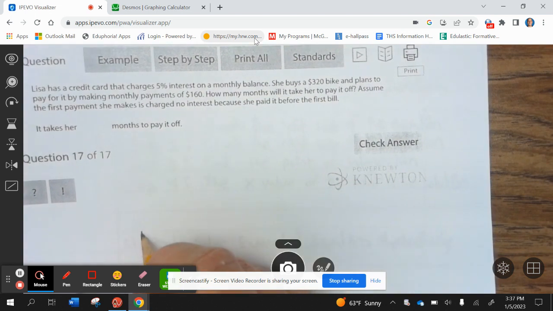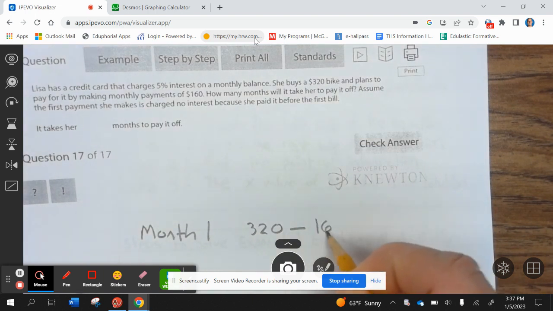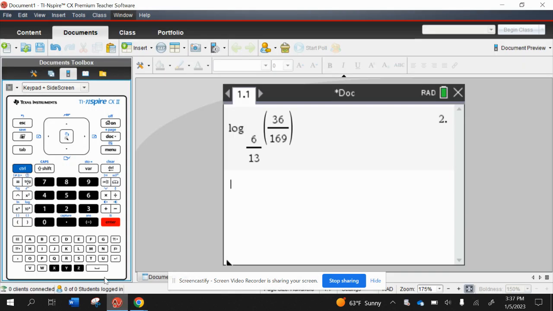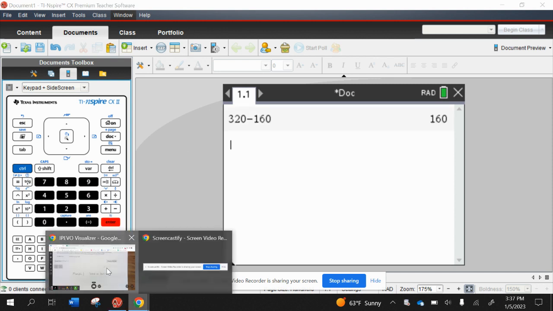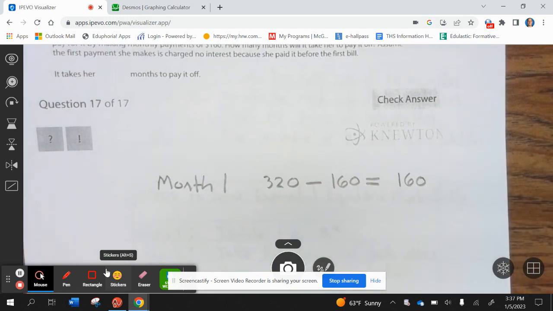So month 1, we need to take 320 minus 160. So 320 minus 160 is $160. So she has $160 left to pay after month 1.